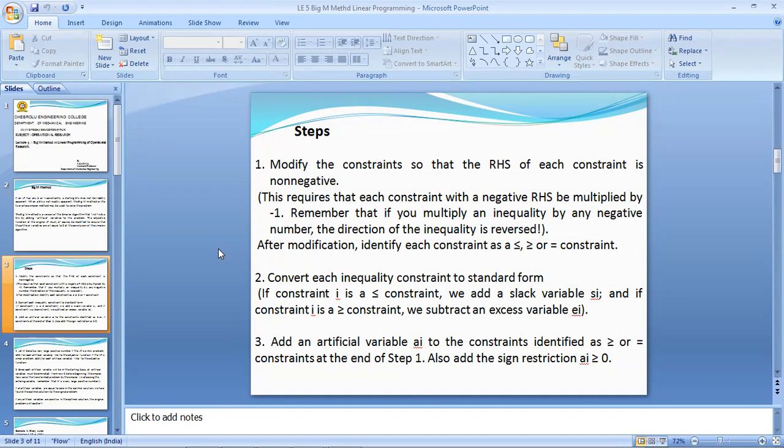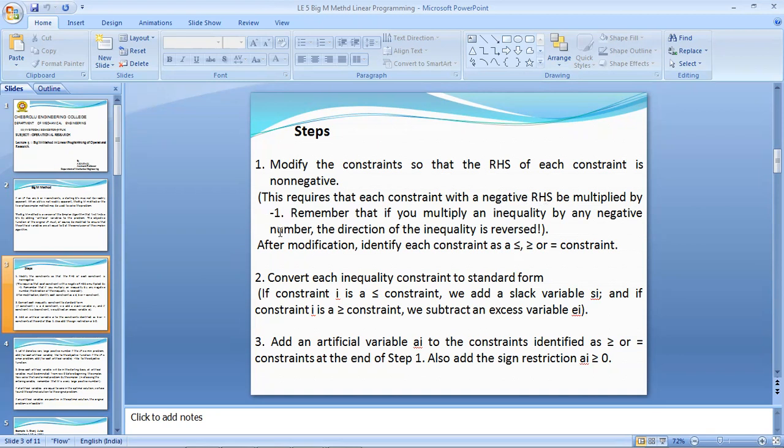Step one requires identification of the constraints: the RHS should be non-negative, and if at all the RHS has a negative value, we have to multiply by -1.